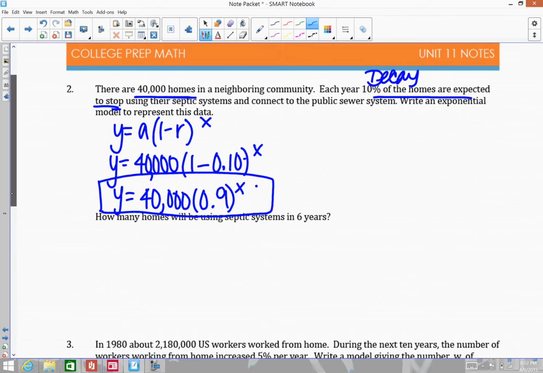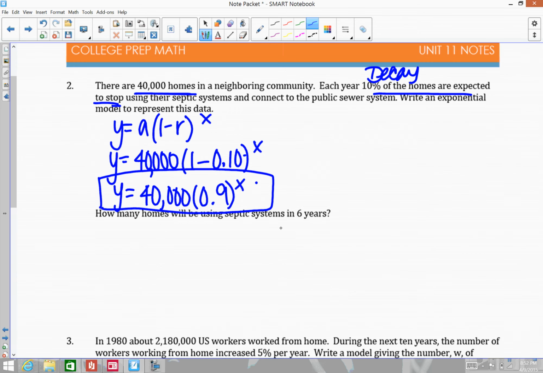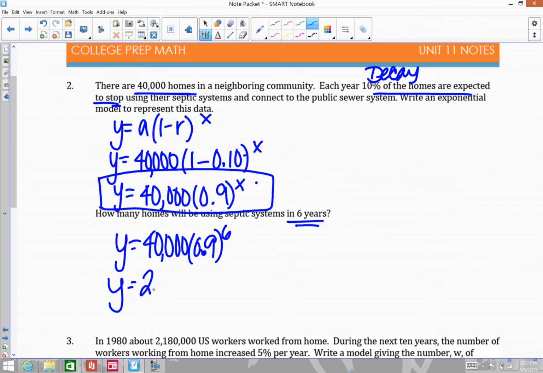And now it's asking me to find how many homes will be using septic systems in 6 years. So use your equation and plug in for 6. So we have 21,257.64 is the number of homes.